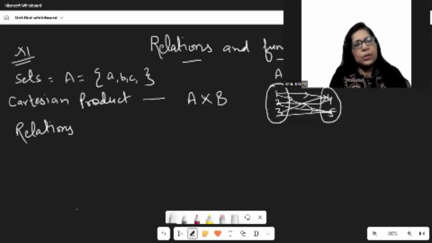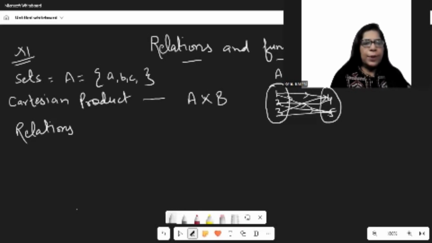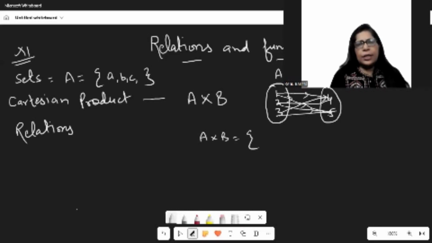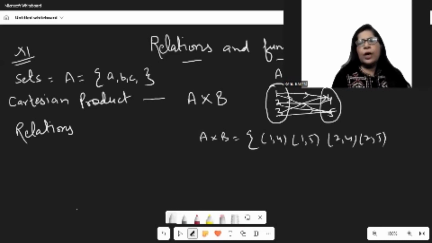If we write all these possible ordered pairs in roster form of a set, the ordered pairs are (1, 4), beta, then (1, 5), then (2, 4), (2, 5), (3, 4), (3, 5).